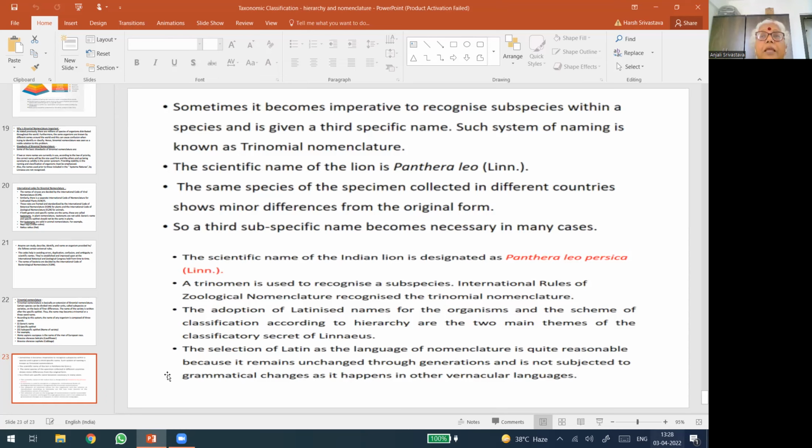Then come the short notes. The most expected short notes are binomial nomenclature, trinomial nomenclature, nomenclature itself, or the taxonomical hierarchy. And one more specific type of question is always asked, based on numerical basis, and its mark fetching is also the highest on the numerical basis.